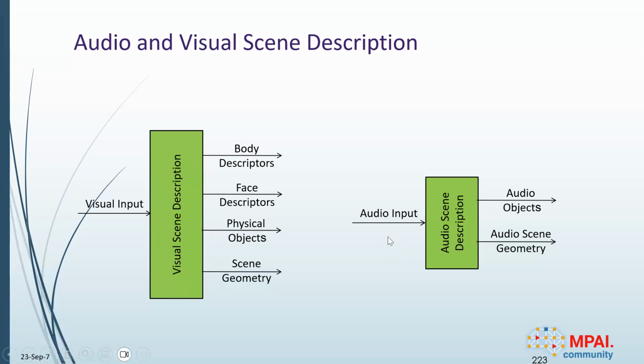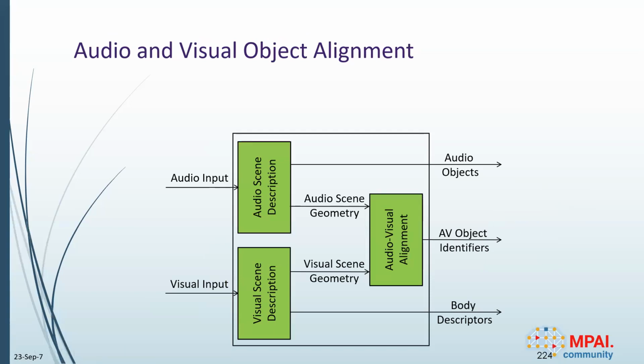Then we have the audio input for the audio scene description, and the output is again the audio scene geometry, but then, I mean, here we have the individual audio objects. Now let's see how we can work the audio and visual alignment.